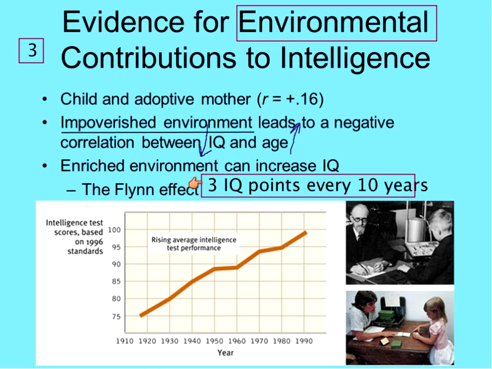It means population-wide. If we plotted out IQ scores over time, like we've done in this graphic here, there is a gradual rising average intelligence test performance over time. That is, people today, on average, are brighter than people were 50 or 100 or 150 years ago.